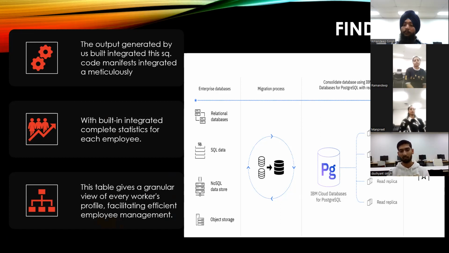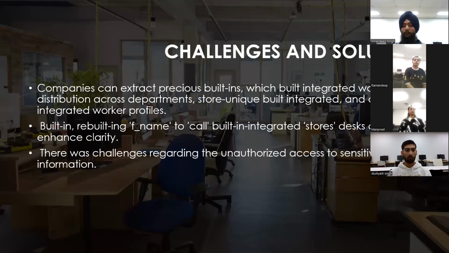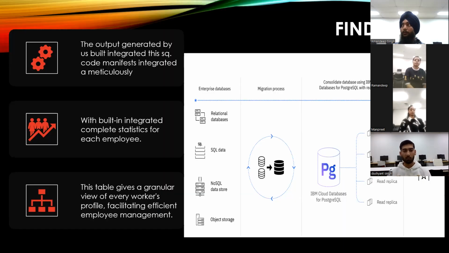Each department is associated with a selected store through a store ID foreign key, fostering a hierarchical coding. This table reflects the various functions in every store, from HR and accounts to finance. And I'll now delve into the findings of this research.